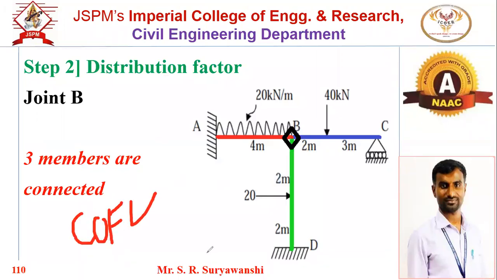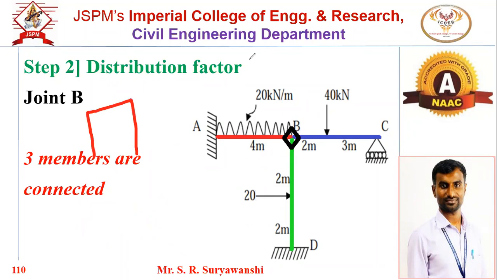Where will we have the carryover factors? Carryover factor will be there for 3 conditions. First, if the far end is fixed. Second, if the far end is continuous support or intermediate support. And if the far end is rigid joint. And that rigid joint should be a continuous rigid joint.